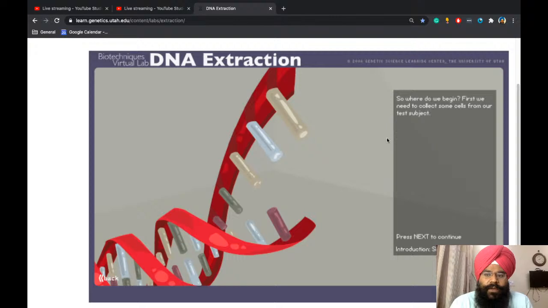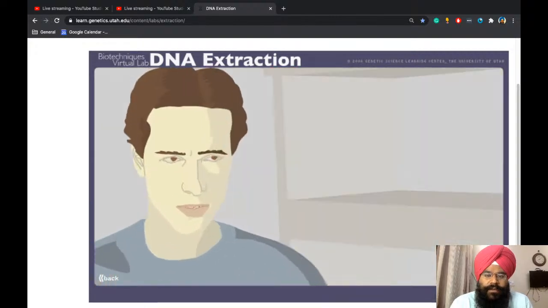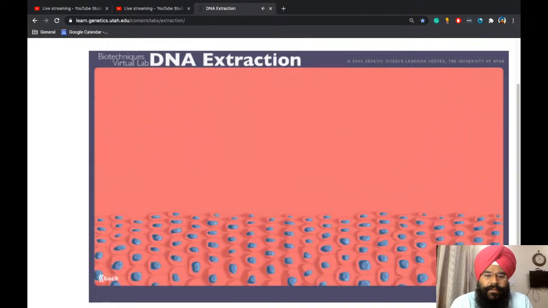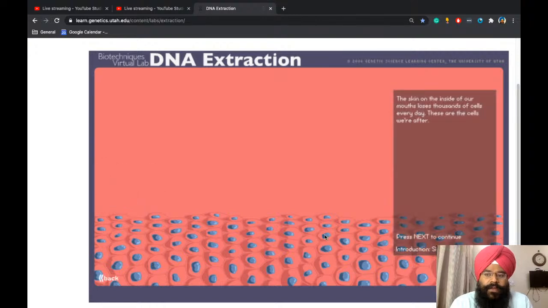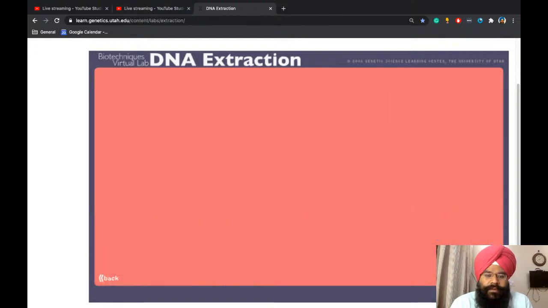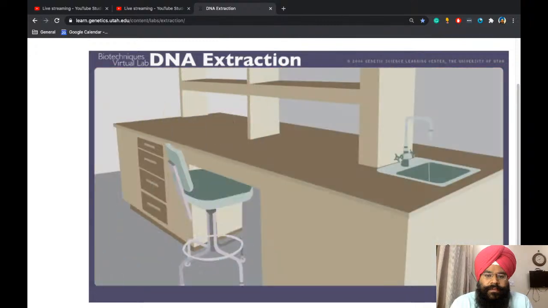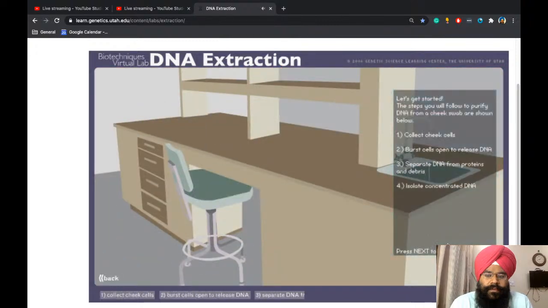First we need to collect some cells from our test subjects. The skin on the inside of our mouth loses thousands of cells every day. So these are the cells we are after.